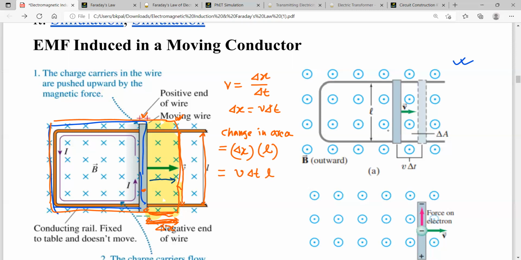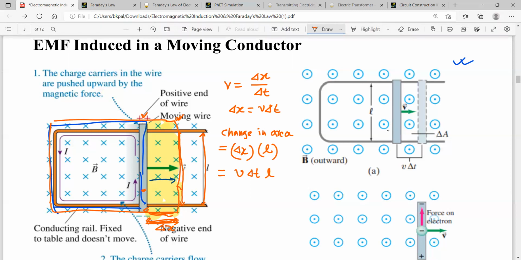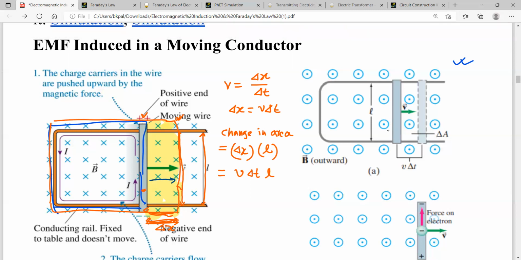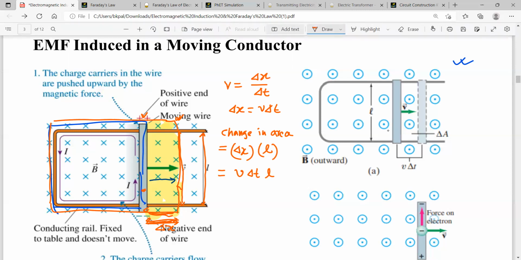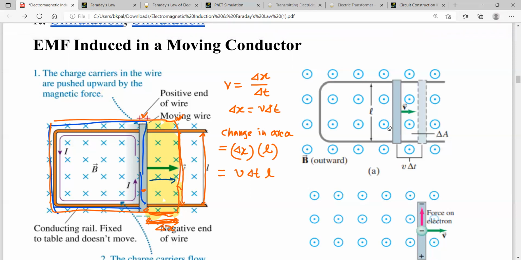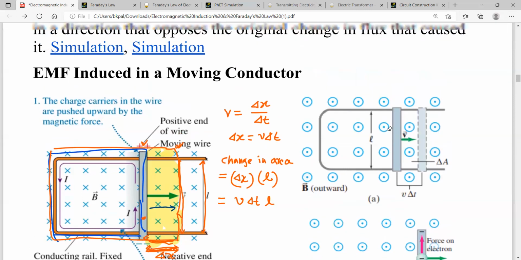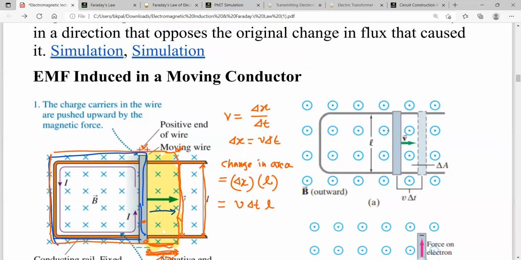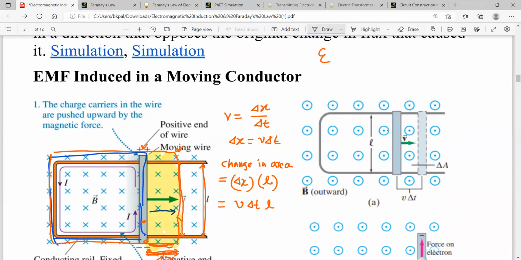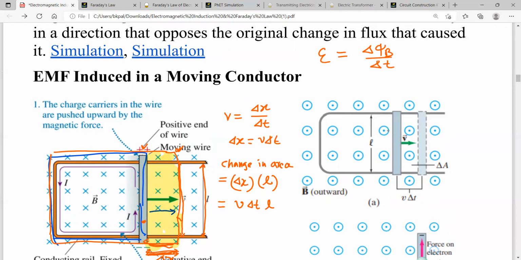Now if I want to know what the induced EMF is here by changing the area, we can start from Faraday's law. Okay, so let me write it down here. Faraday's law tells us that induced EMF is equal to delta phi B over delta t. Okay, so let's ignore the negative sign. I'm just interested in the magnitude here.